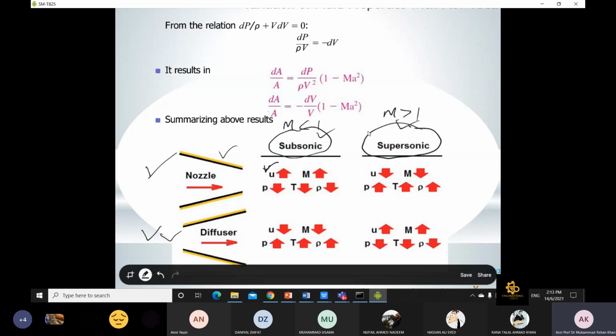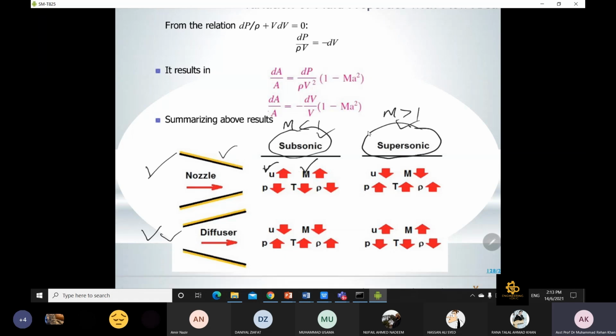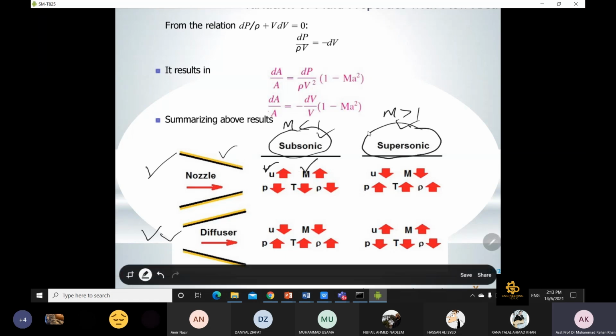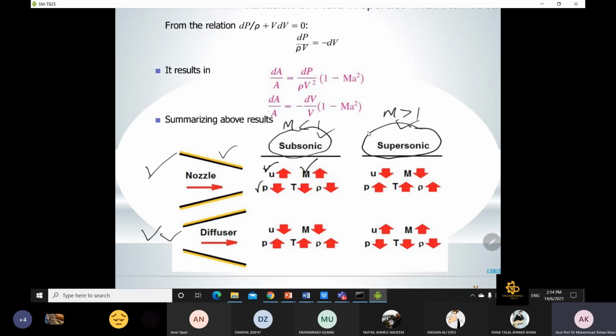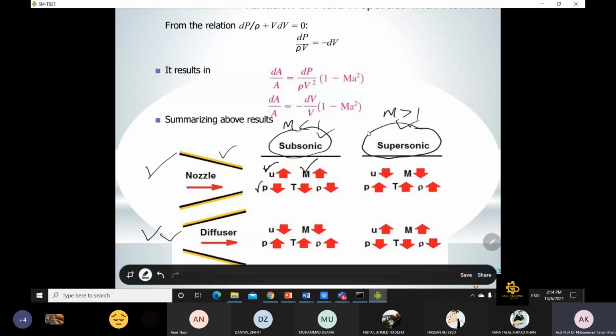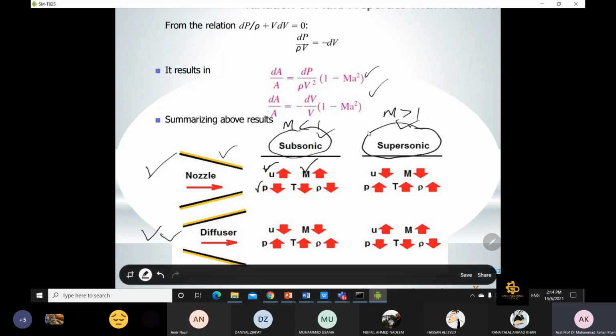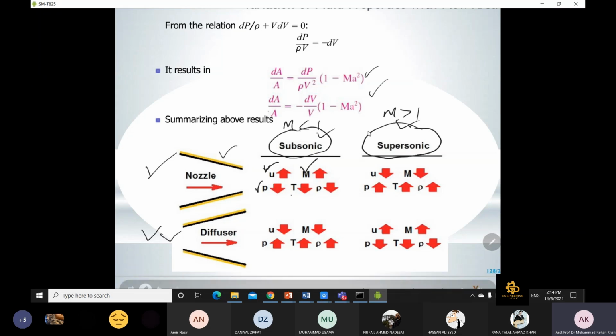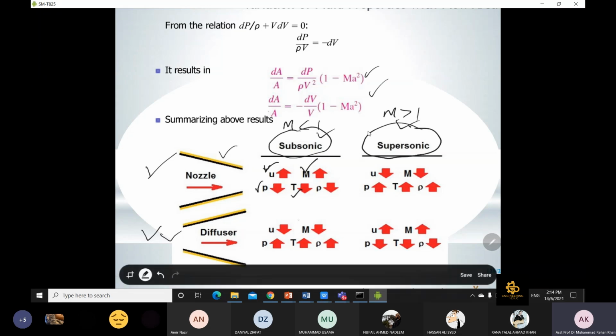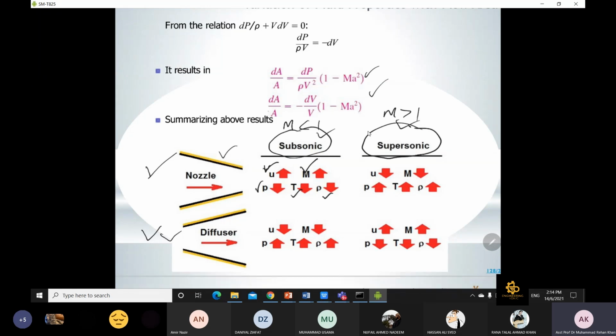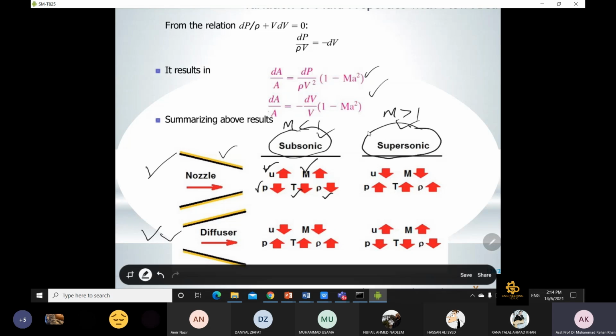And if the velocity increases, definitely the Mach number also increases, because the local velocity and Mach number are directly proportional. Then, if you notice, the pressure decreases when there is subsonic flow, when the Mach number is less than 1. I will explain with the help of the equation as well; I'm just giving you brief information about what this figure means. Then the temperature also increases at the outlet, and the density also increases at the outlet, for subsonic flow in the case of the nozzle.